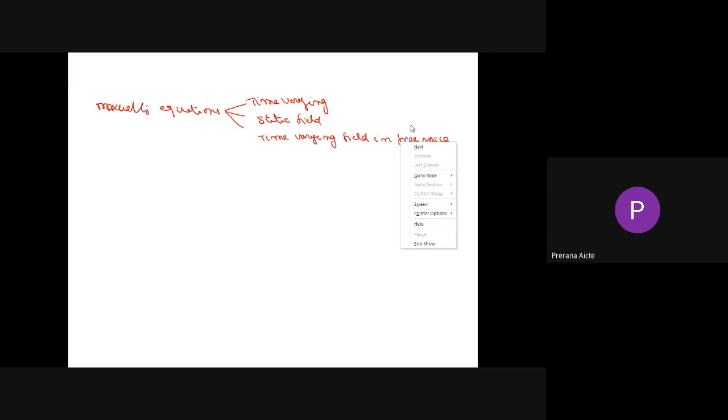These are the three different ways of defining the Maxwell equations.